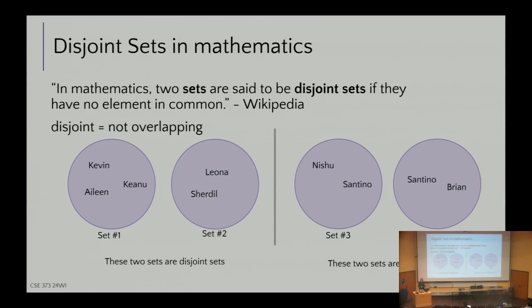A disjoint set is a set of sets. Yeah, I know, meta. The disjoint part means that there must be unique values across all of the sets. So we have a set of sets, and for every individual entry in each of those sets, all of them must be unique.